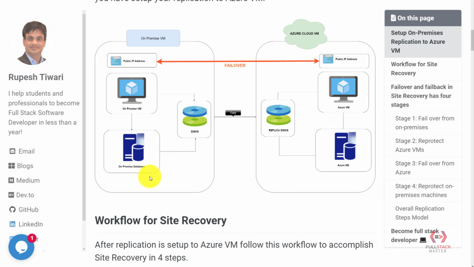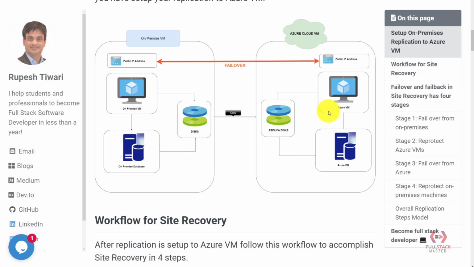Now you must set up a replication strategy to the Azure cloud virtual machines. You can see there is a copy strategy going on. Basically, it is a replication that happens through the agents that you install in your on-premises. The replication to Azure cloud happens, and the entire disk will be replicated here, and then it will set up the same kind of network in Azure.